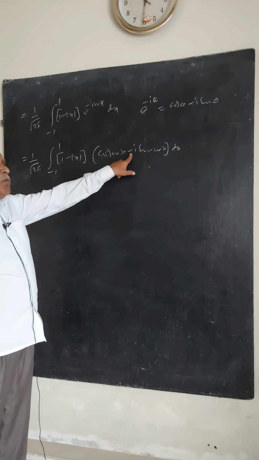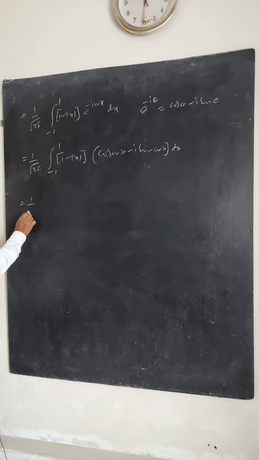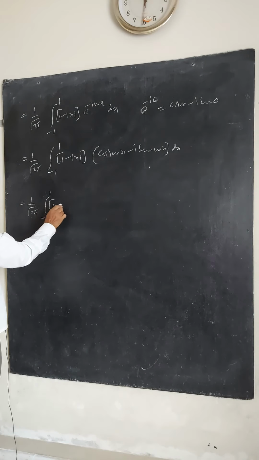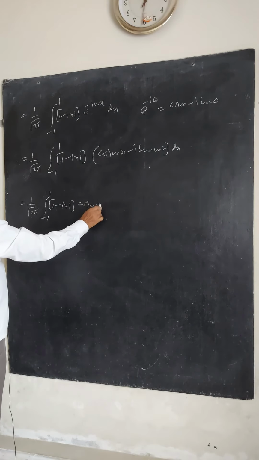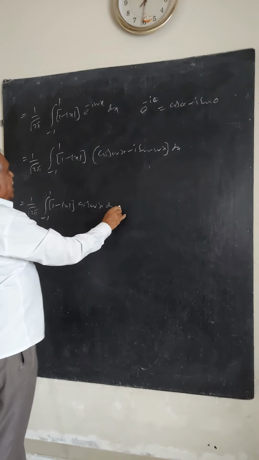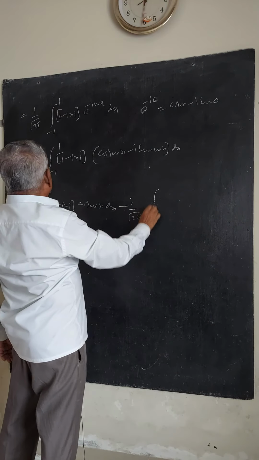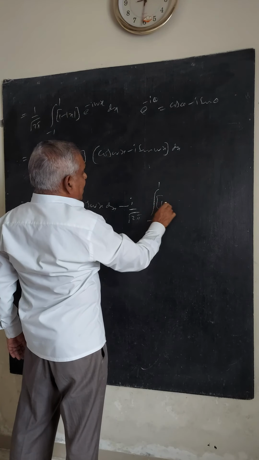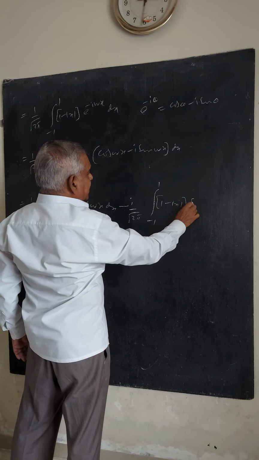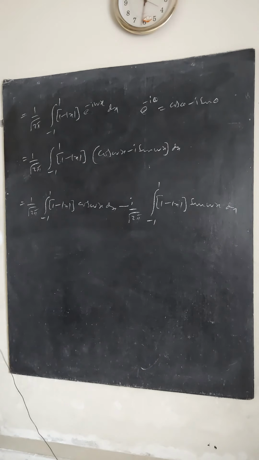We are separating the two for this negative. 1 by root of 2 pi integral minus 1 to 1, 1 minus modulus of x cos omega x dx, minus i by root of 2 pi integral minus 1 to 1, 1 minus modulus of x sin omega x dx.